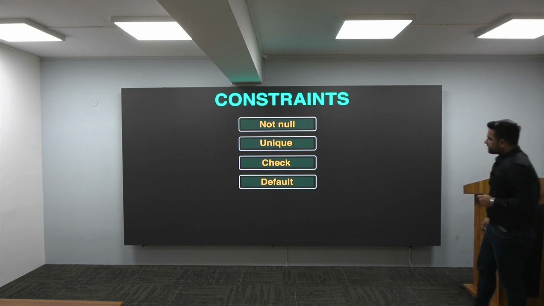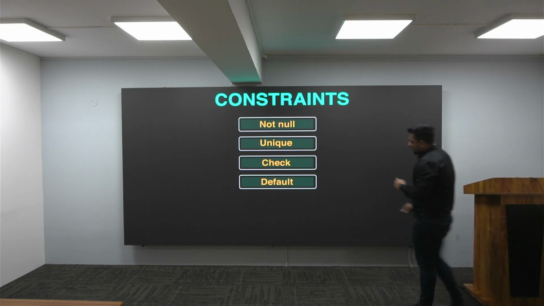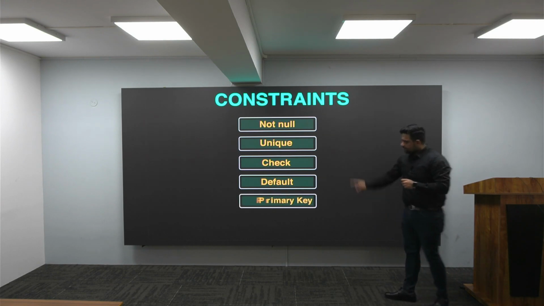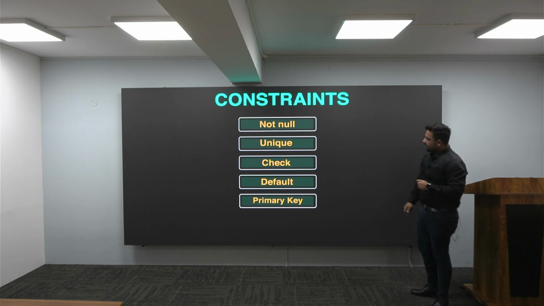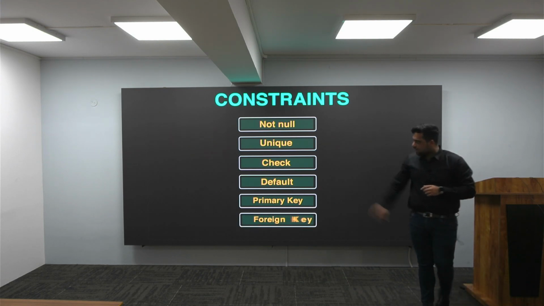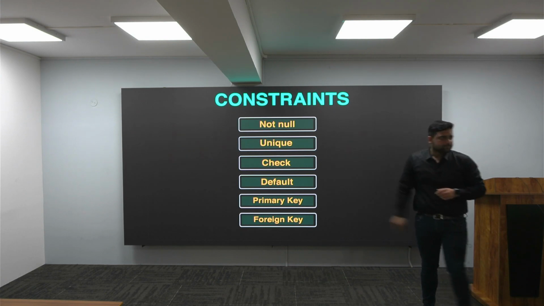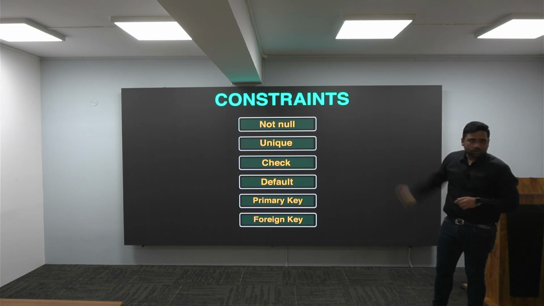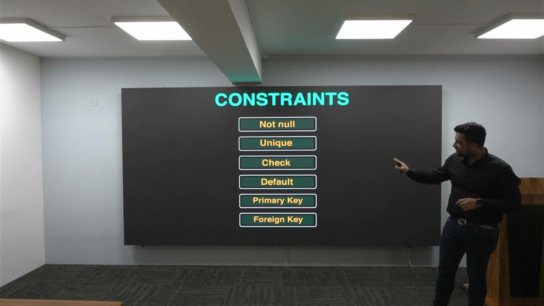After default, we have primary key, which you have already heard about. After primary key, we have foreign key. And how many constraints do we have over here? 6. First we have not null, then unique, check, default, primary key and foreign key.